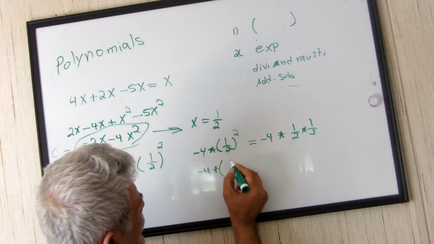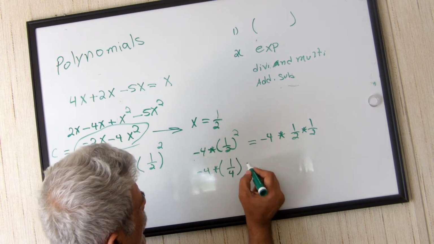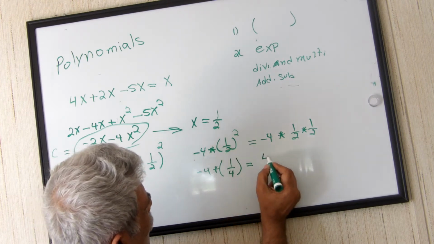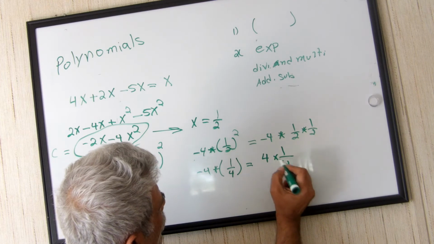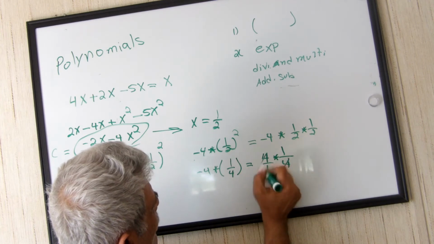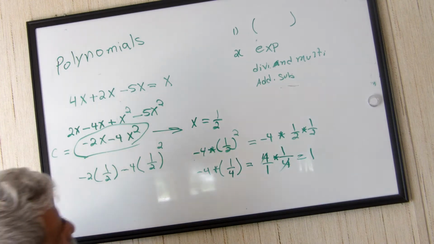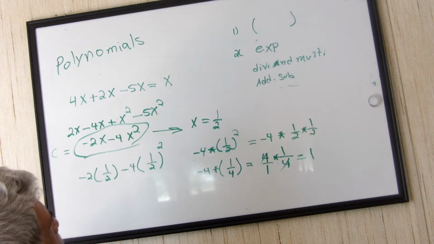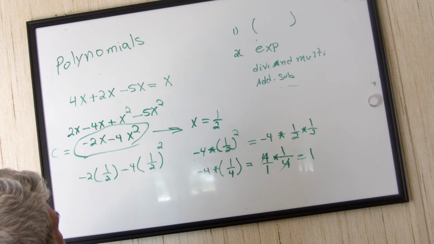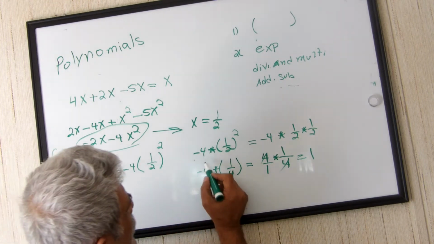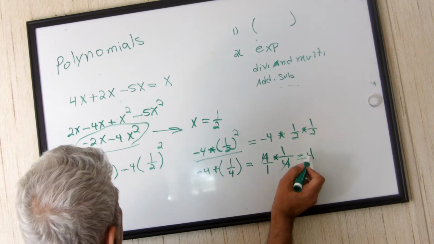So this is going to be 1 over 4, the result. And then we have 4 times 1 over 4. It just cancels out. It's going to be 1. So what I was trying to say is this one is going to be 1.